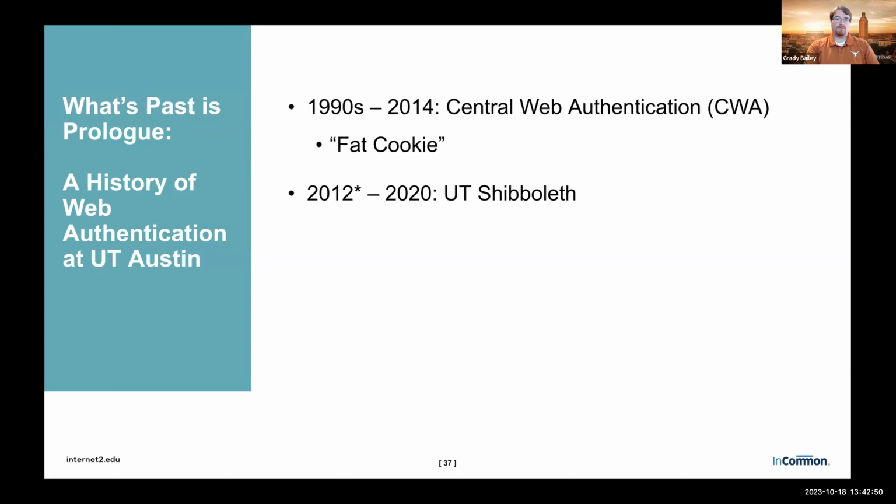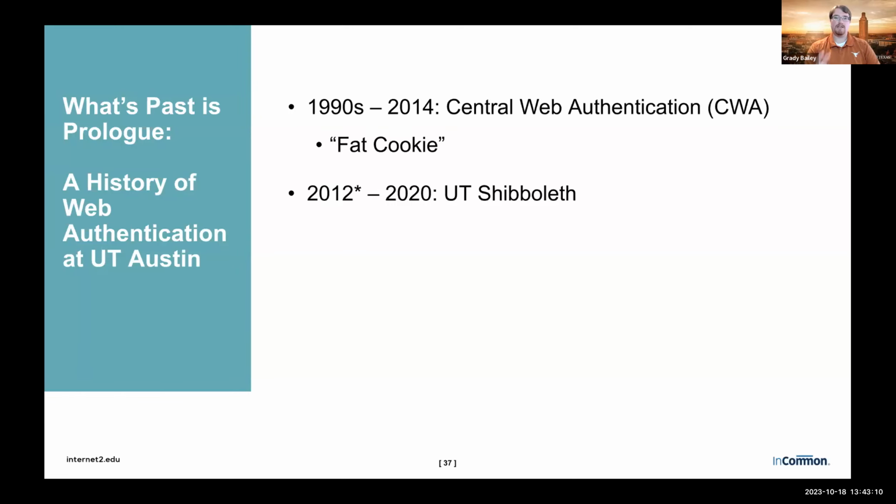We also, for a period of time, had an implementation of Shibboleth that was, I'll borrow what Jeremiah said earlier, pets, not cattle. We had a couple of servers, full virtual machines running the Shibboleth identity provider software.